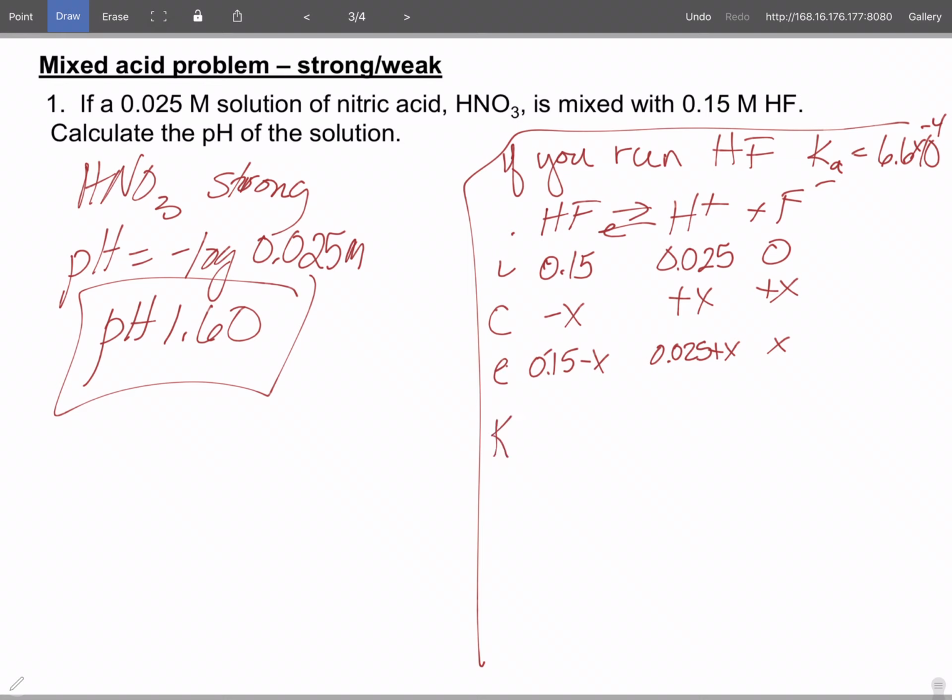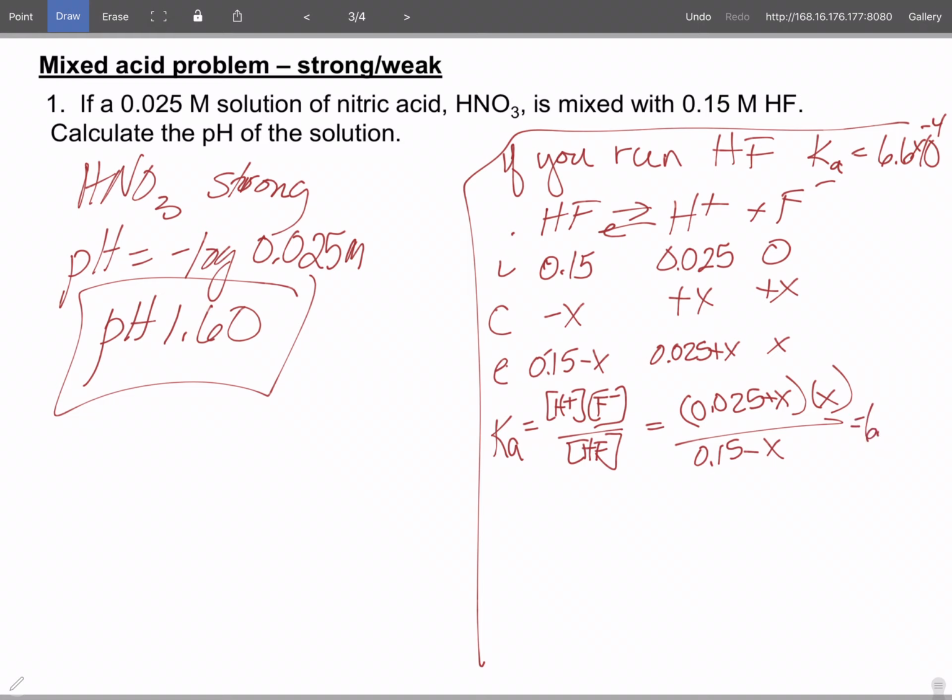So our Ka is equal to H plus times F minus over HF, which is equal to 0.025 plus X times X divided by 0.15 minus X, all equal to 6.6 times 10 to the minus 4th.